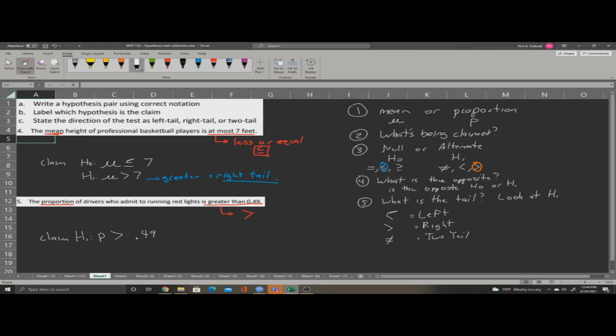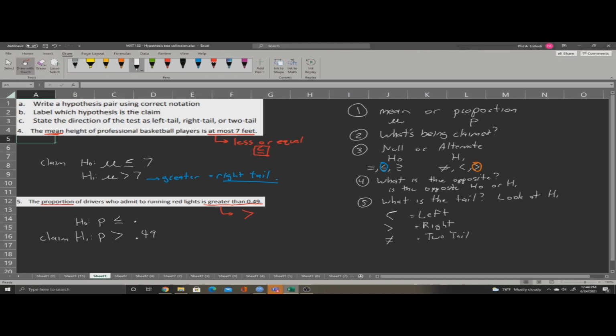Now, step 4, we ask ourselves what the opposite is. The opposite of greater is less, and this must be the null because we've already used the alternate. But as we know, the null must contain an equal, so we'll place a mark underneath the less than to show that this is less than or equal for the null.